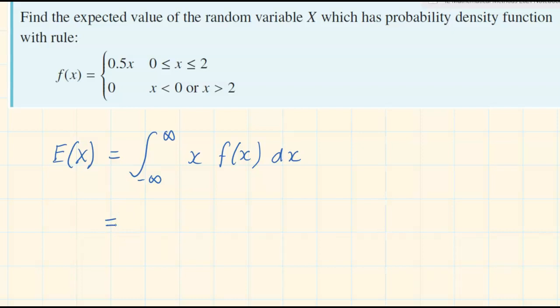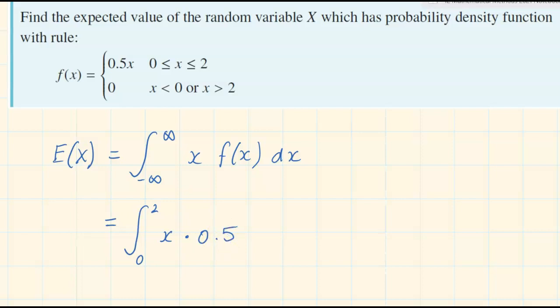Yeah, 0 and 2. You're gonna have to pull the team. 0, 2, X times by what is f of X? What is the function of X between 0 and 2?